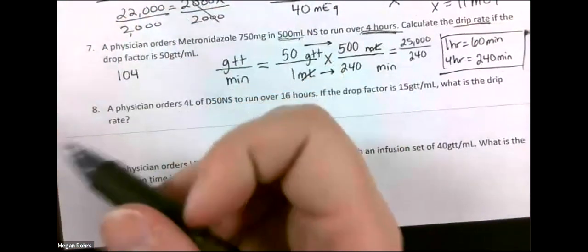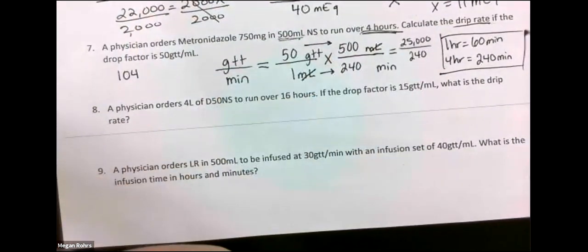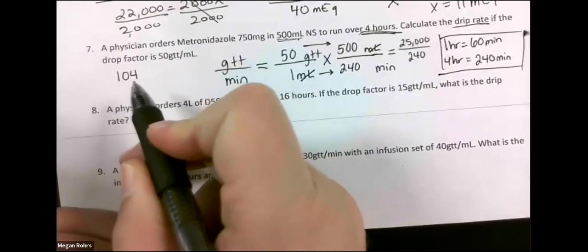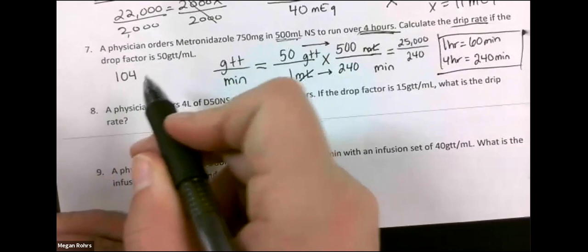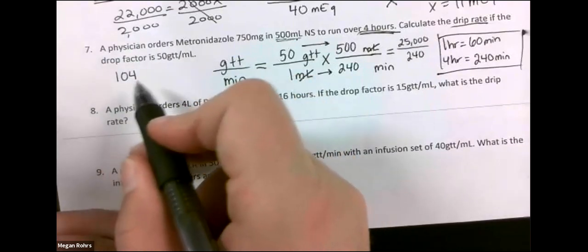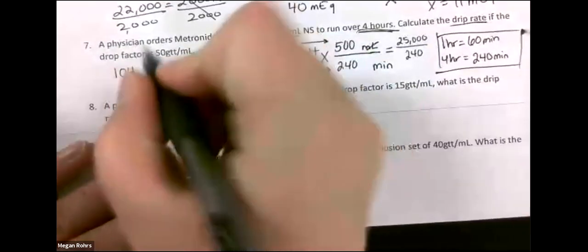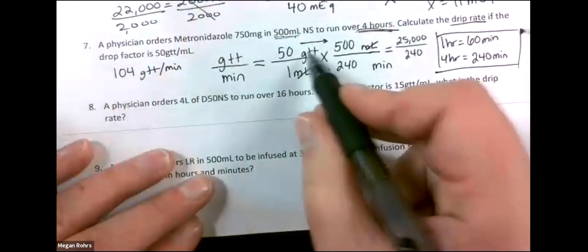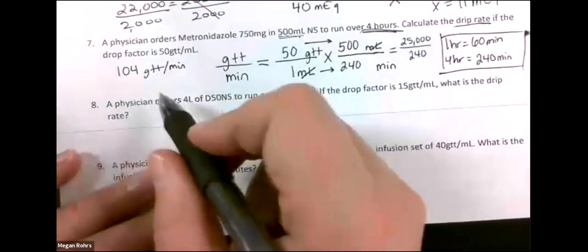In my calculator, I got 104.16. We can't really round a drop to the nearest decimal, so we're just going to leave it at the nearest whole number. 104.16 would be closer to 104 drops per minute, the only units that I have left.